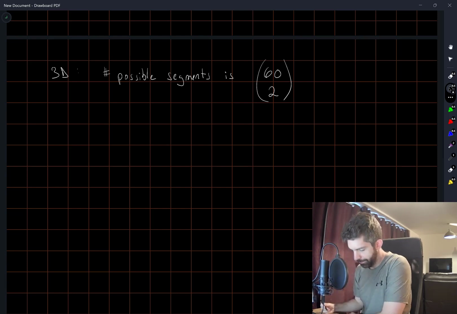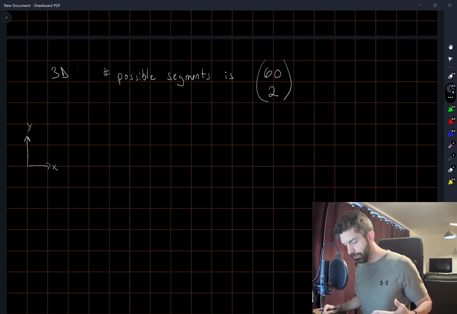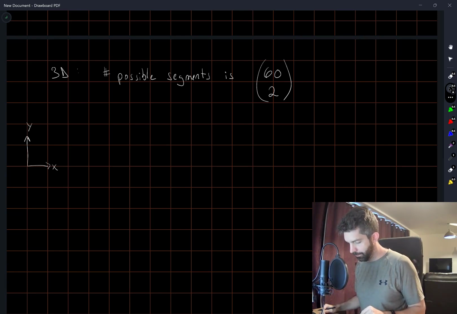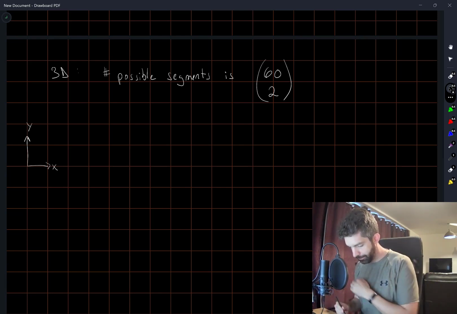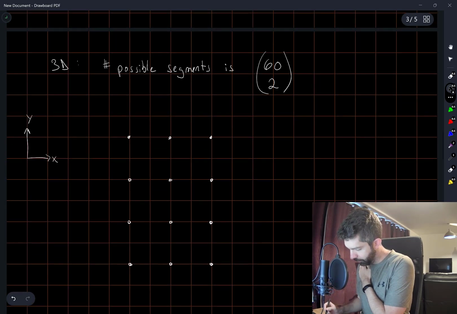Okay, what I'm going to do is I'm going to draw this in 2 dimensions, where into the screen is the Z direction. So this picture should look exactly the same as the original one I drew. Okay, so that makes this point here the origin.